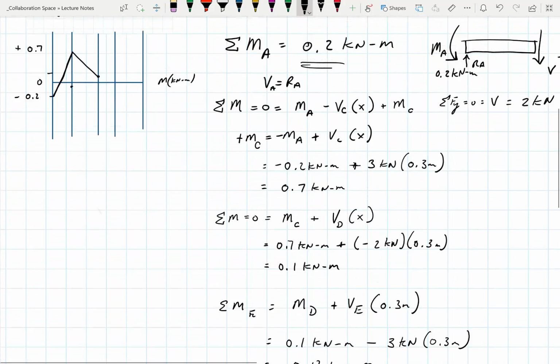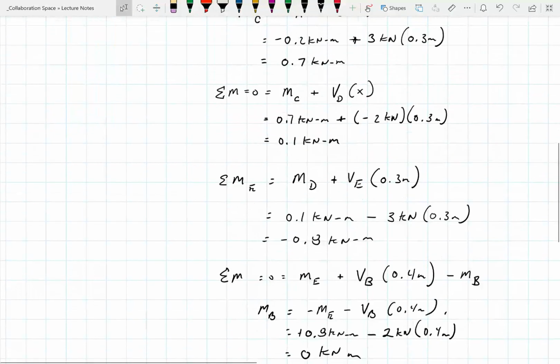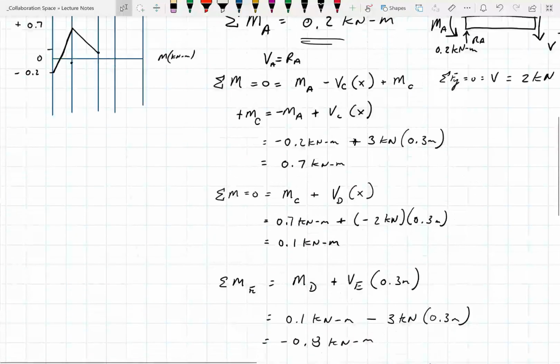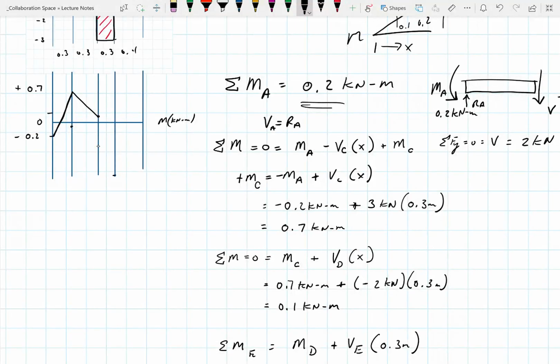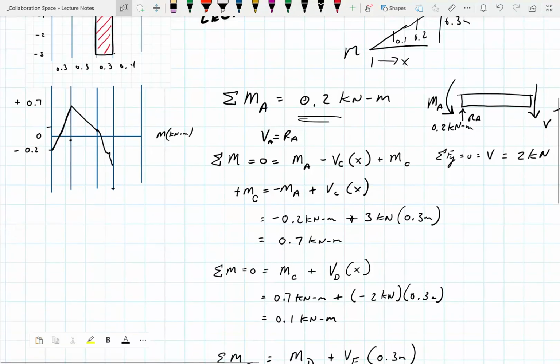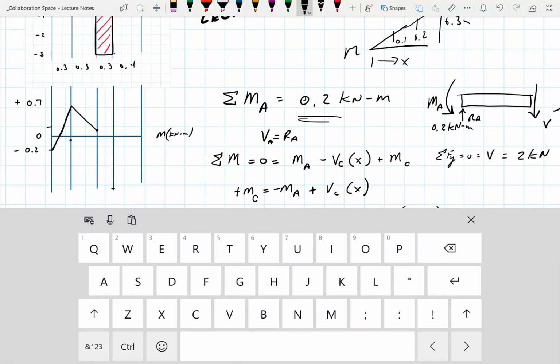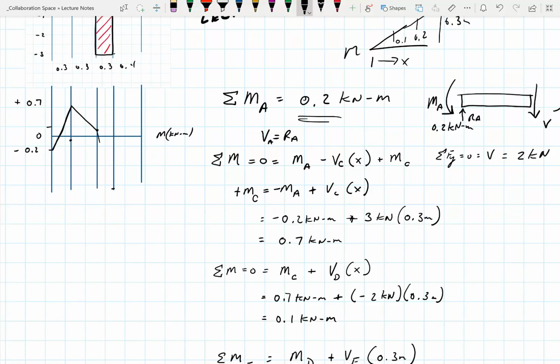So literally this thing goes to negative 0.8 kilonewton meters, which is the max moment.